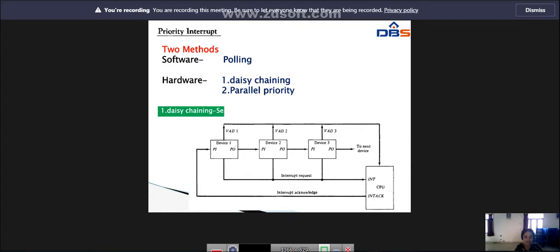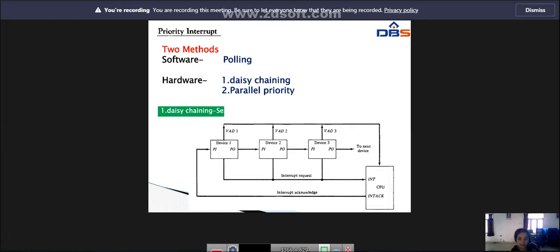What is meant by daisy chaining priority? The daisy chaining method of establishing priority consists of a serial connection of all devices that request an interrupt. Between every device we have the chain connection. So here are device 1, device 2, device 3.